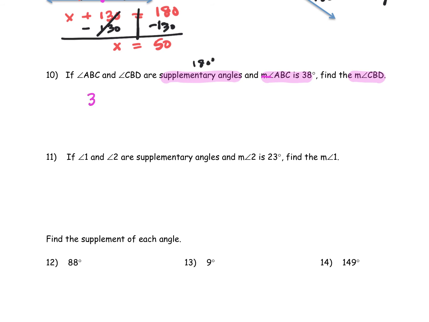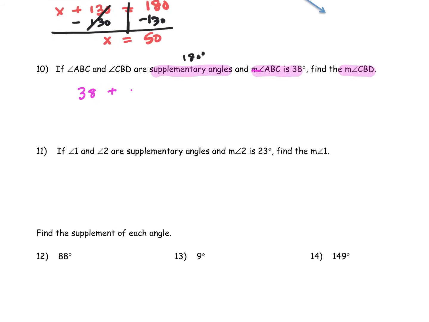We have ABC is 38 degrees plus the measurement of CBD, which we don't know, so I'm going to assign variable A to it. And then that should equal 180 degrees. We're going to solve by subtracting 38 on both sides, eliminating 38.